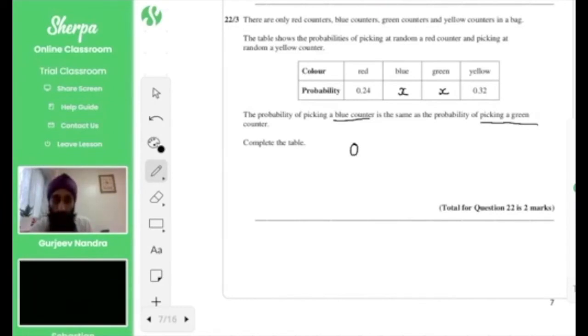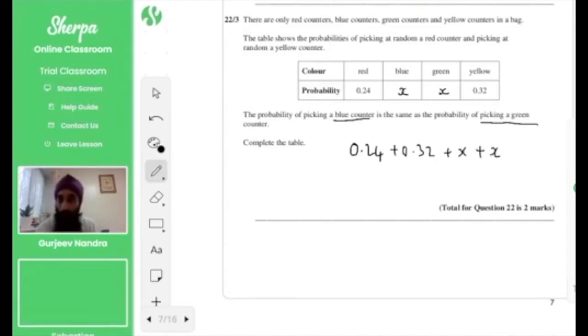So what we can do is we can come up with a little equation, 0.24, add 0.32, add X, add X, and if you don't like algebra, you could have called them question mark and question mark, okay? And you make it equal to 1, okay? So if you then simplify, so if you do 0.24, add 0.32, you get 0.56, add 2x equals 1.